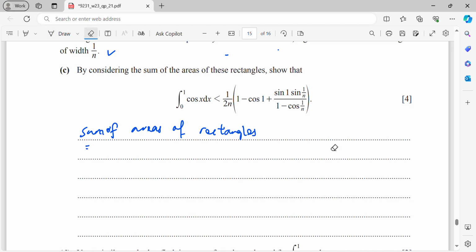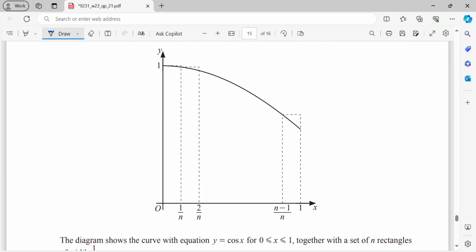That is 1 over n. When you look at this, it is following the second ordinate. So this is 1 over n. That means the second one here is going to be 2 over n.